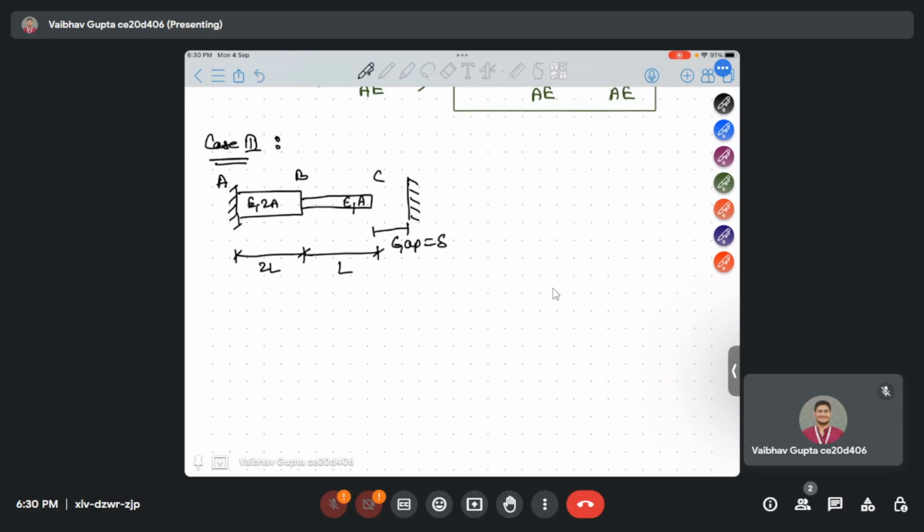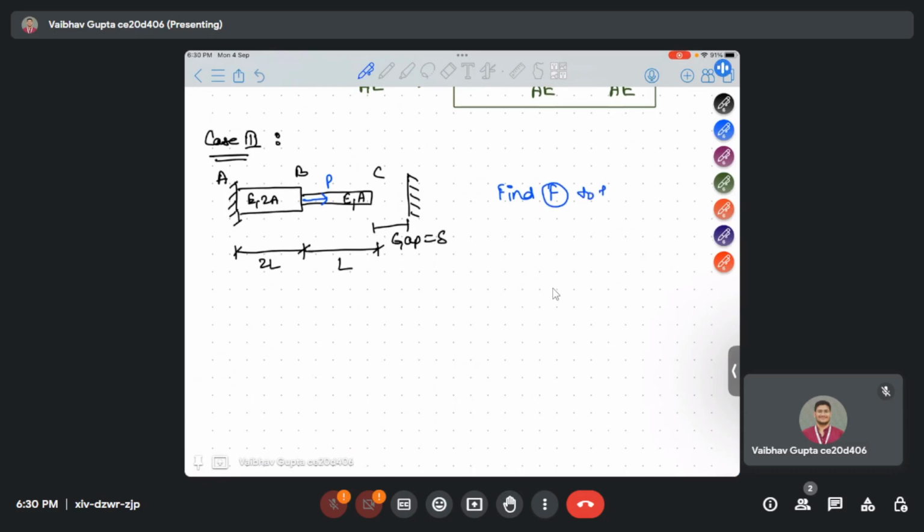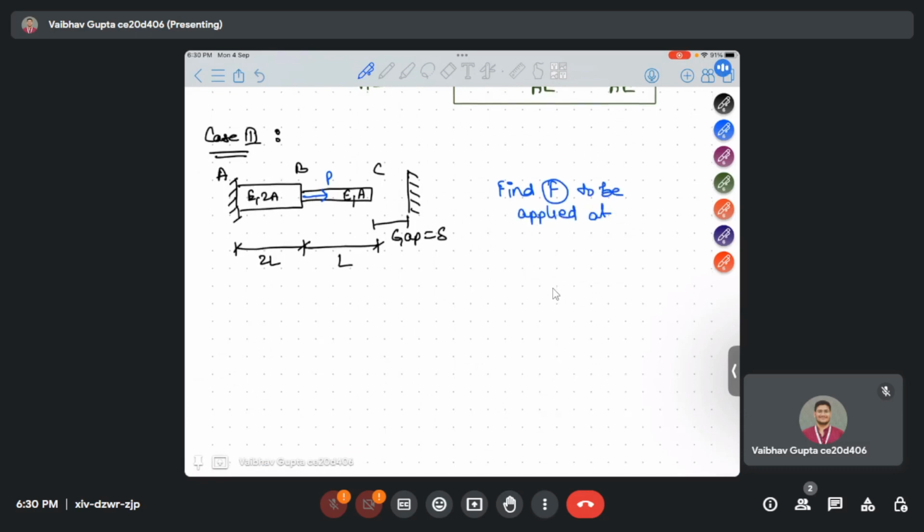A force has been applied at point B only, and the question asks: find F to be applied at point C such that no gap is left.